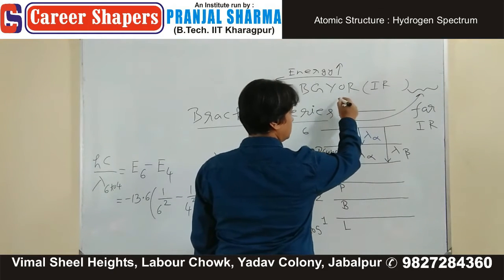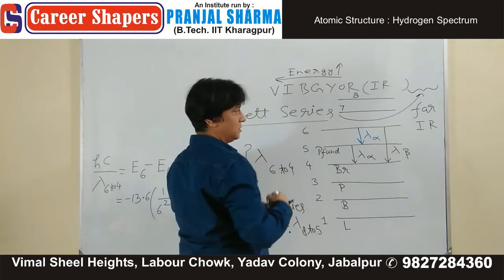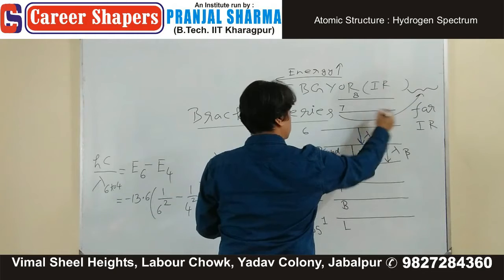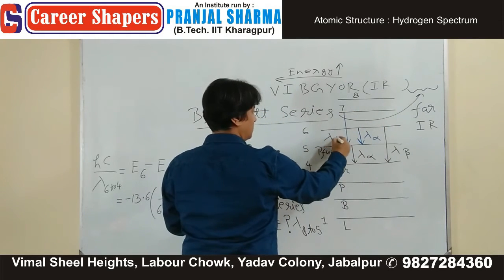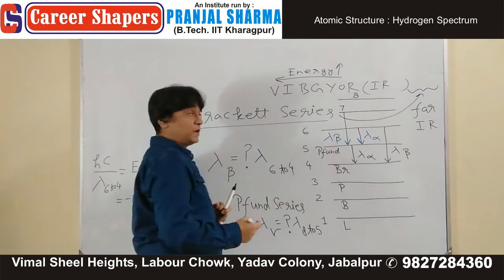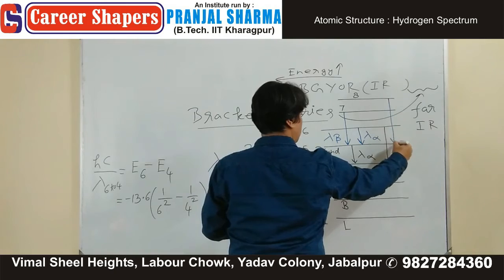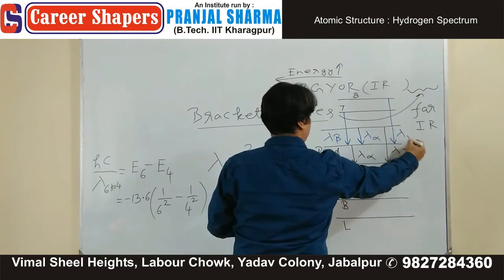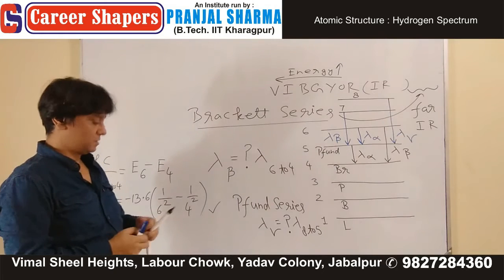This is 7, this is 8, this is lambda beta for the Pfund series, this is your lambda gamma. Third spectral line.